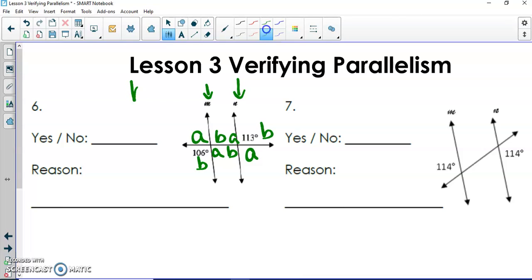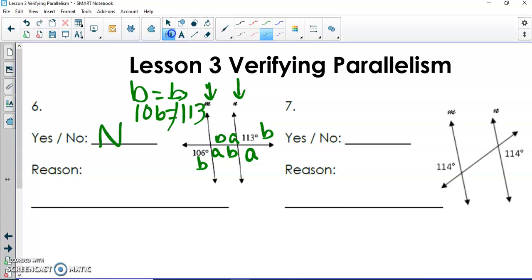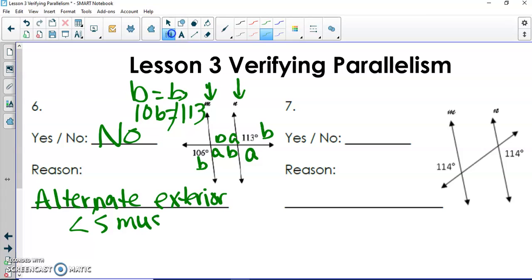So I have a B and a B. They should be equal if I have parallel lines, so I have 106 and 113. 106 and 113 are not congruent. So this is a no, because I have alternate exterior angles, and they must be congruent for parallel lines.